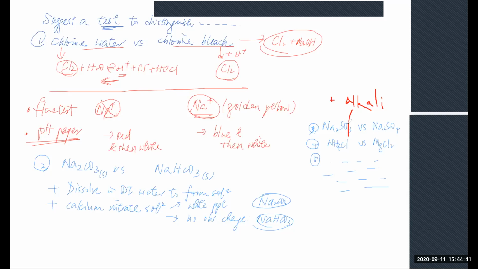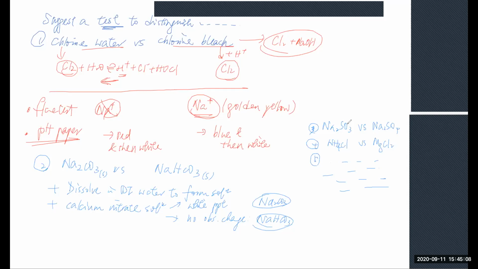Now, chlorine water, indeed, what is the color of chlorine water and chlorine bleach while you open the bottle, without any treatment beforehand? Chlorine bleach, I cannot say so. It really depends on the brand of the chlorine bleach. Some of them you pour it out, it's yellowish green.